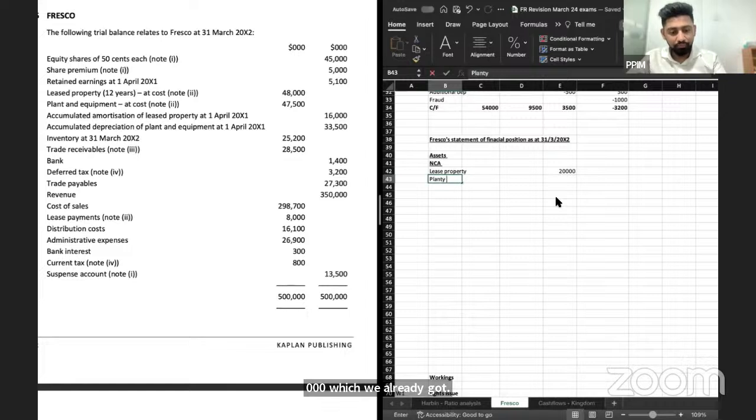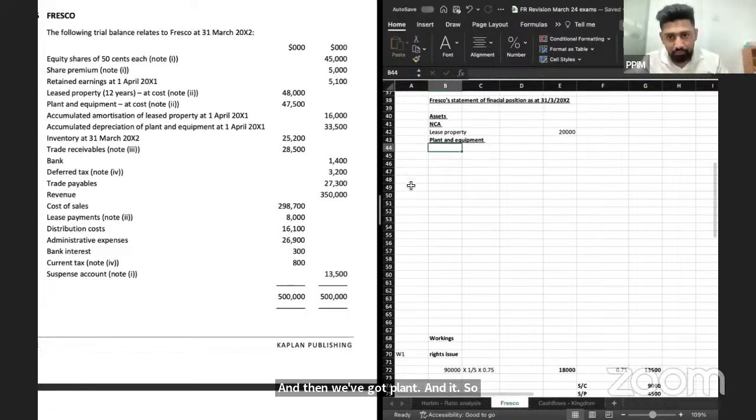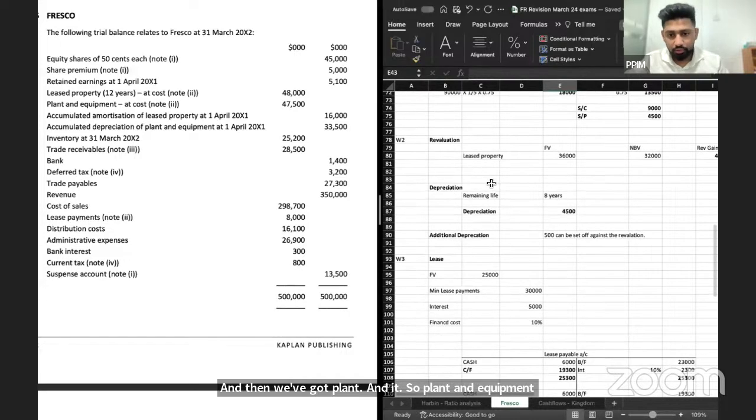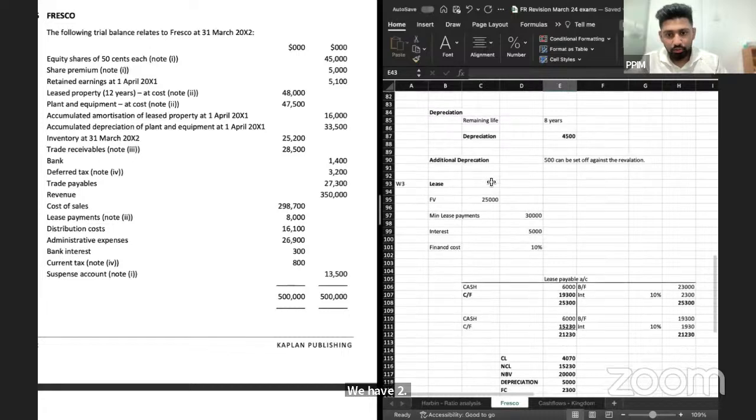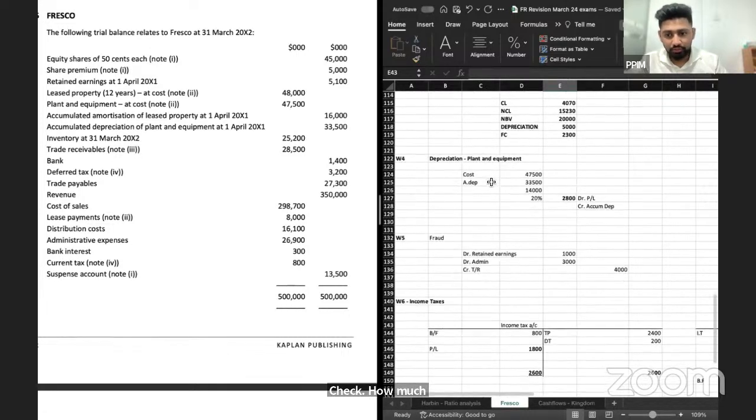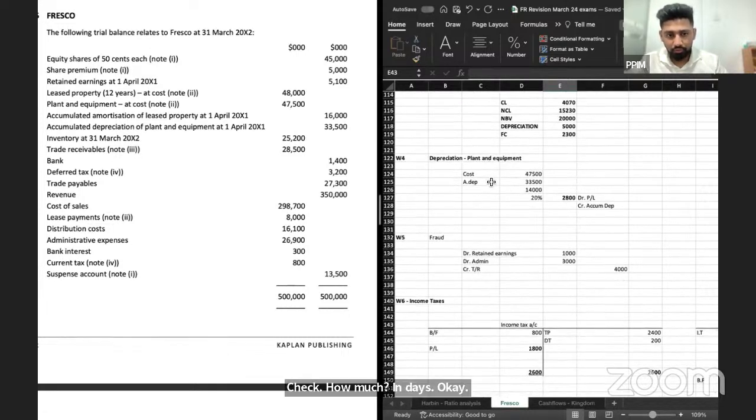And then we've got plant and equipment. So for plant and equipment, we have to check how much it is. Okay, how did you get this 31,500 now?